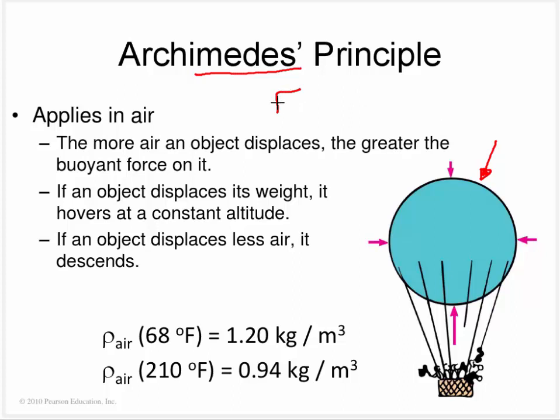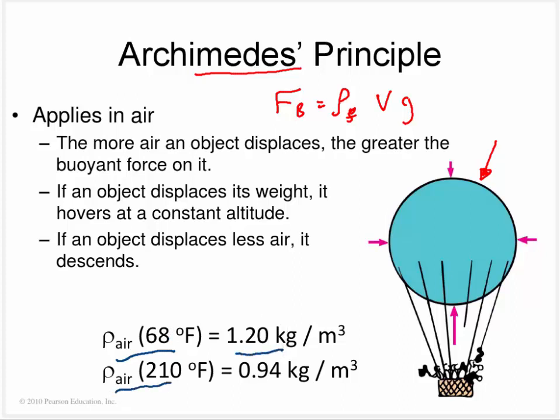And how it works is, buoyant force is going to be the density of the fluid multiplied by volume multiplied by gravity, and the density of room temperature air is going to be about 1.2 kilograms per cubic meter.